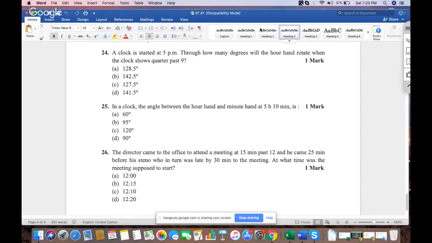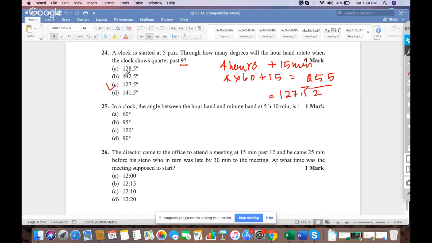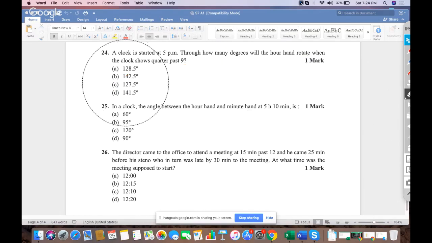Let me solve it. Question number 25 is the same as the previous question that we solved. So 5 p.m. to 9 p.m. I am assuming here is 4 hours, and quarter past means plus 15 minutes. So 4 into 60 plus 15 is nothing but 240 plus 15, which is 255, and divided by 2 gives me 127.5. So answer here is C. Absolutely no doubt about it.